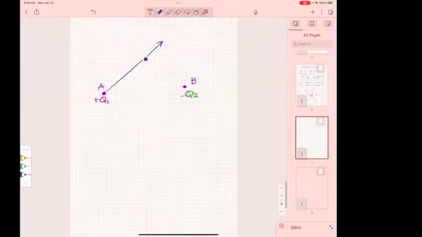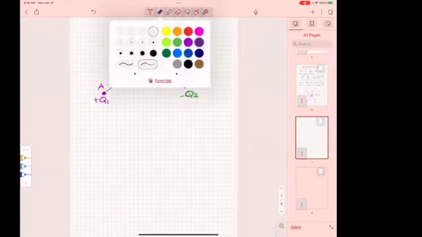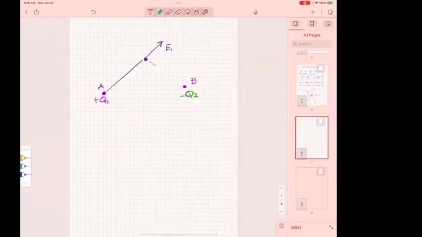This is E1 at this point. And the other goes like this. Because it's negative, it's going to go in this direction, and it's going to be E2.